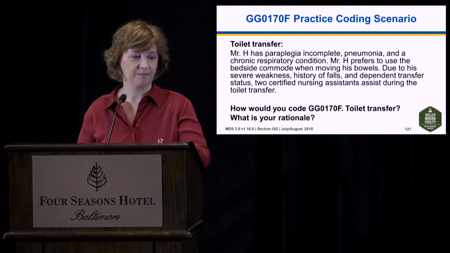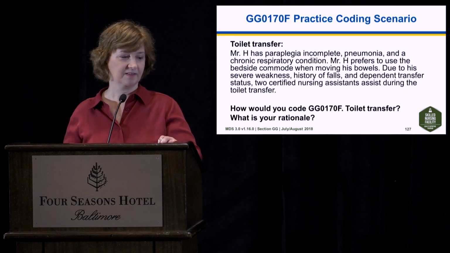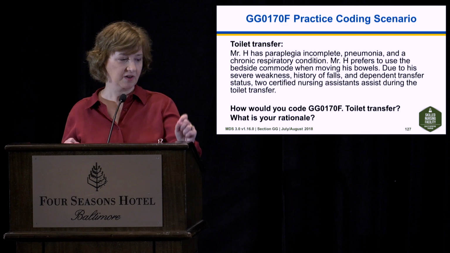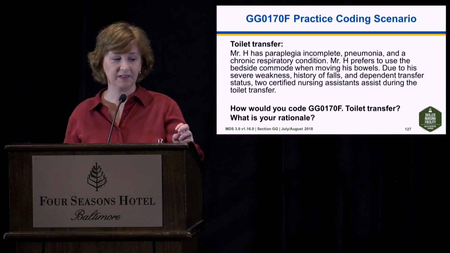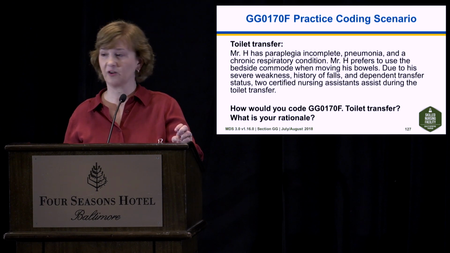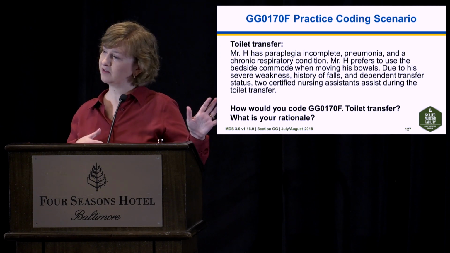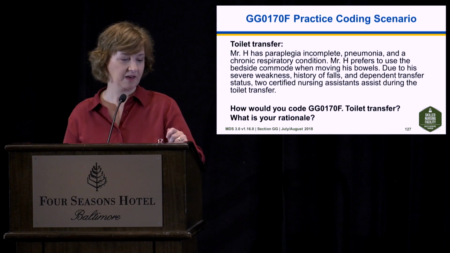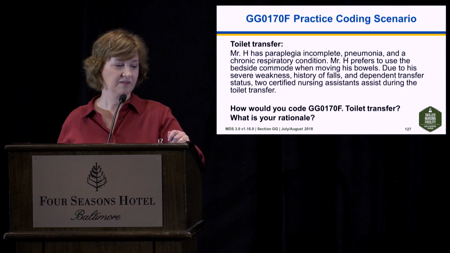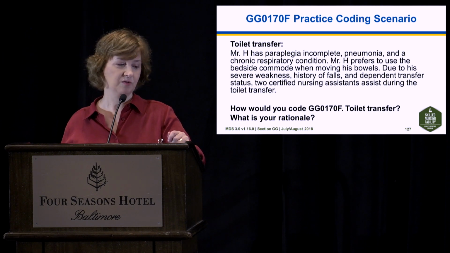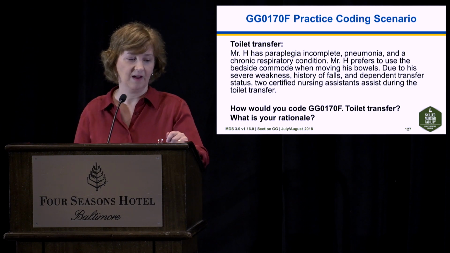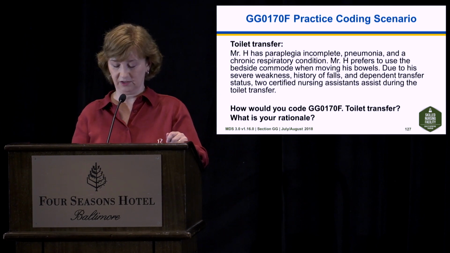So we have an example here with the practice scenario. Mr. H has paraplegia incomplete, as well as pneumonia and a chronic respiratory condition. Mr. H prefers to use the bedside commode when moving his bowels, so we can still code him, even though it's a bedside commode. Due to his severe weakness, history of falls, and dependent transfer status, 2 certified nursing assistants help him during the toilet transfer.